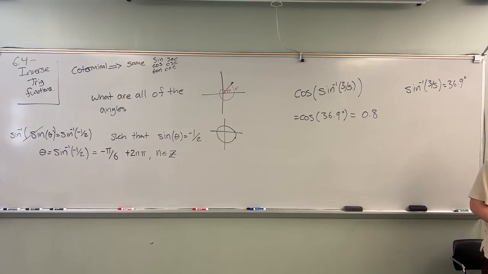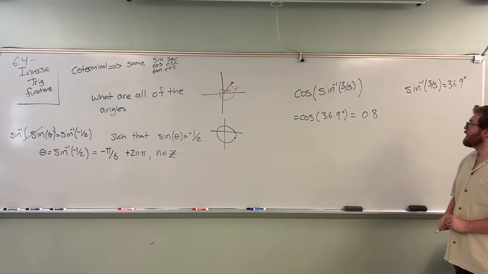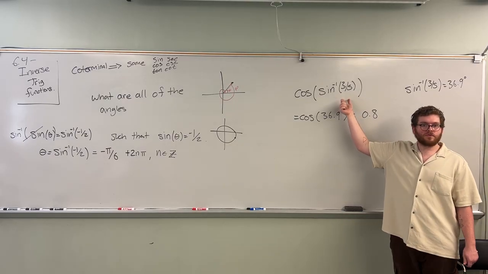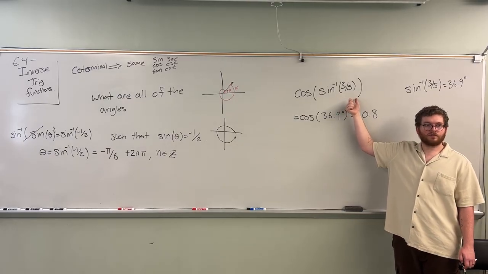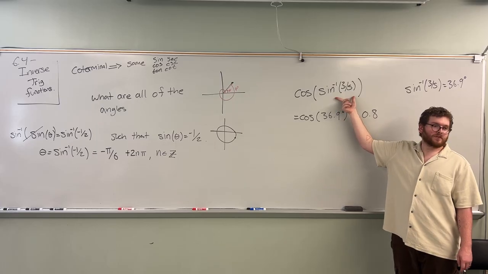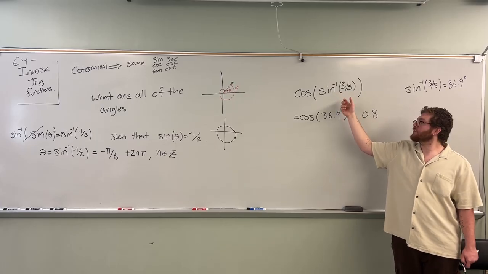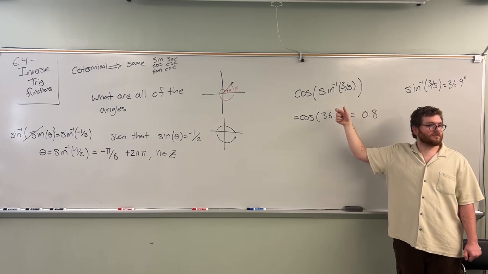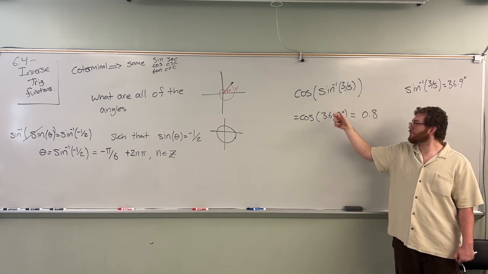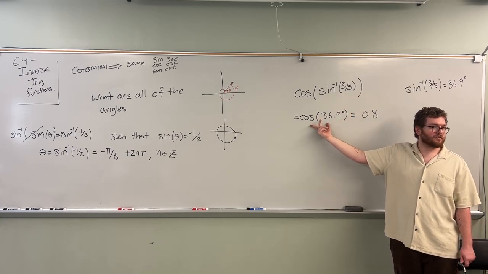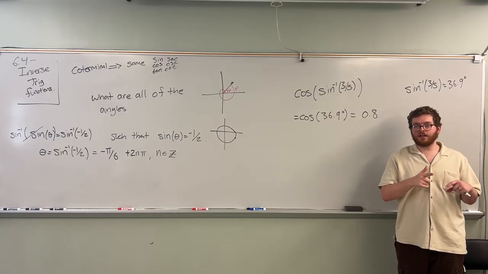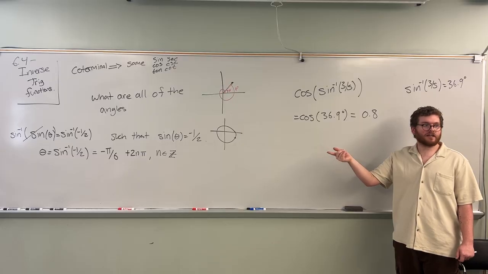So one thing that might be a little more important to recognize when doing these problems is what the argument, or the input, of the function actually is. Inverse trig functions take in ratios of side lengths, versus regular trig functions take in angles. A trig function takes in an angle, spits out some ratio of side lengths.